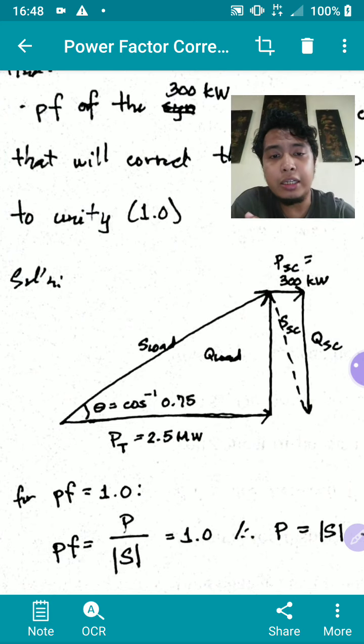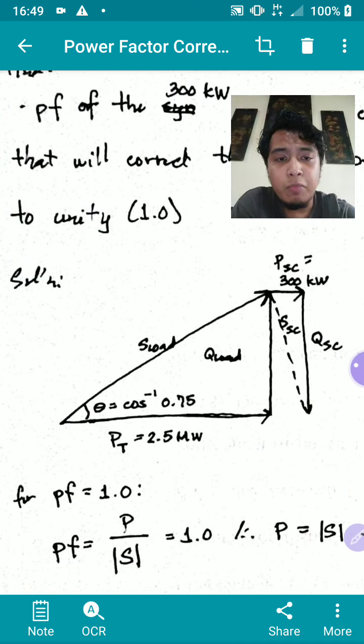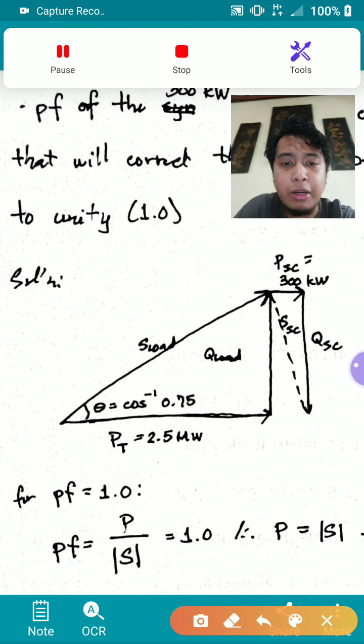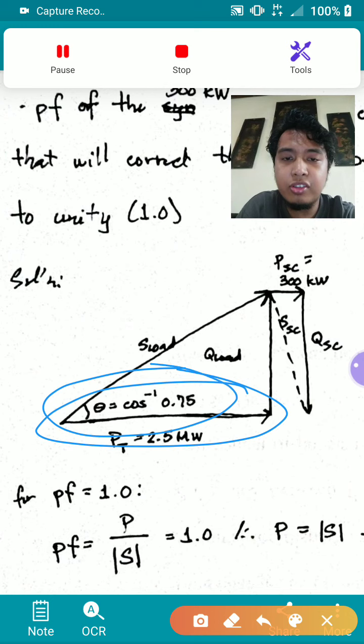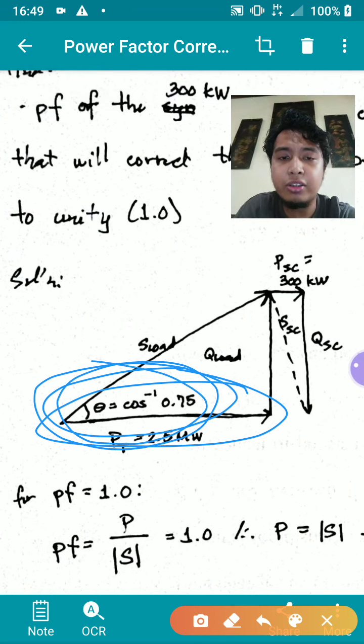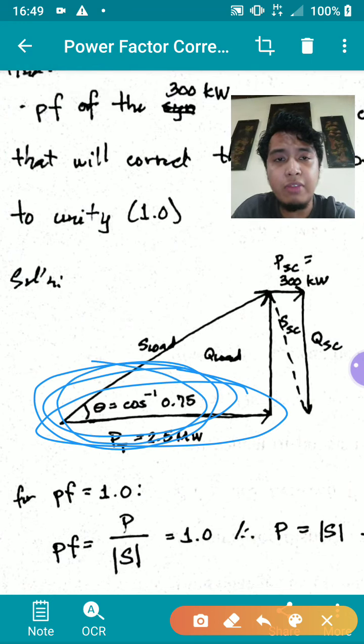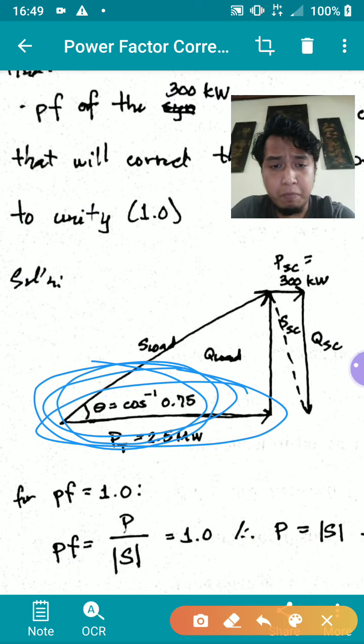You have the real power on the real axis, reactive power on the y-axis, and then the total is S load. So this is basically my real power here. This is 2.5 megawatts. The power factor angle is arc cosine of 0.75. It's positive because my load is lagging, so it's inductive.